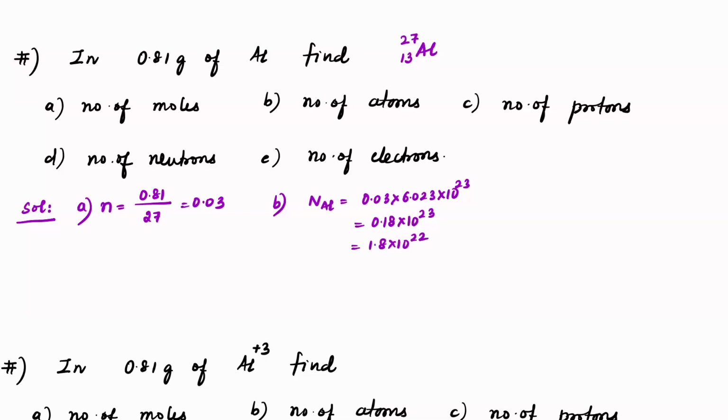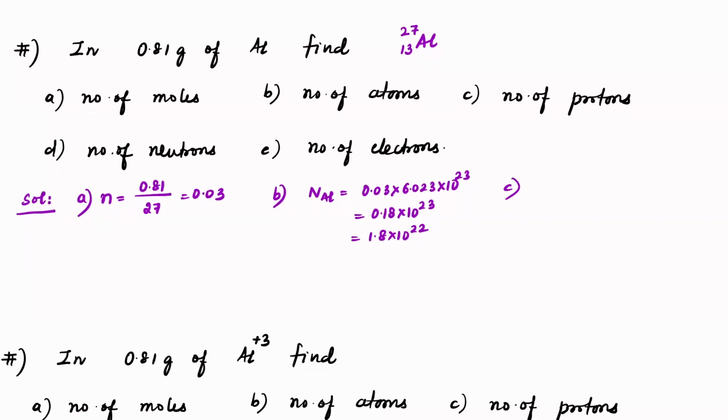Okay. Next. Kapil, give me an answer, beta. Number of protons. Same as this Avogadro, the 1.8 into 10 raised to the power of 22? But these are the number of aluminum atoms, no, beta.